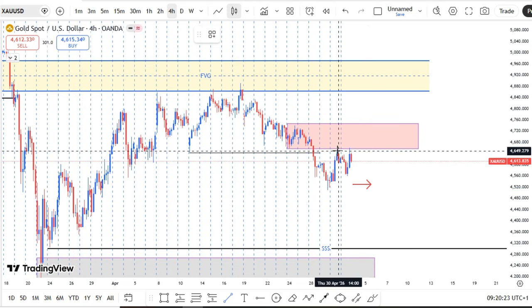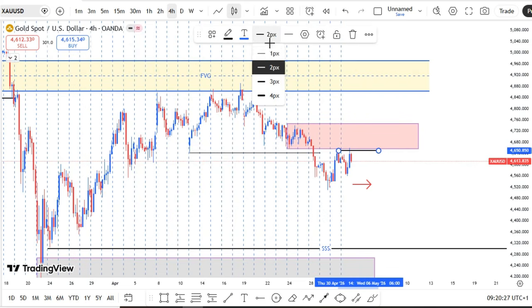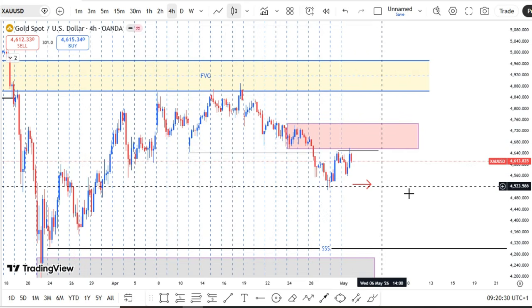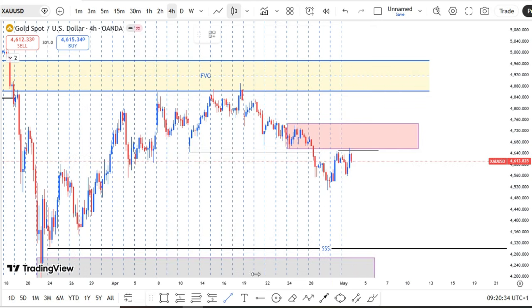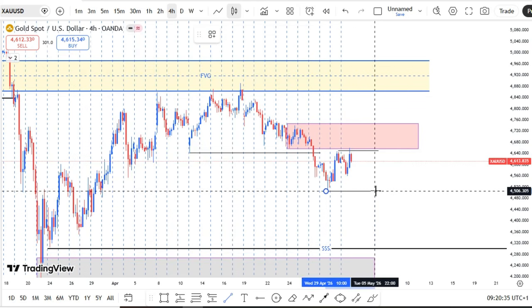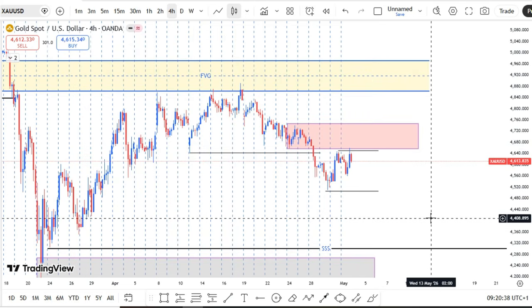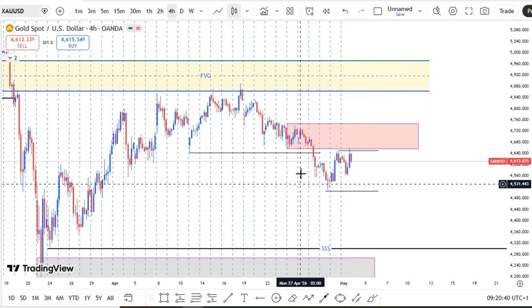See, this previous high has been taken, so it will be coming to take out that low.